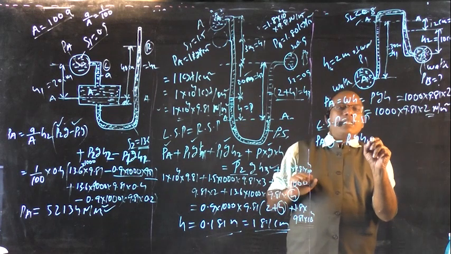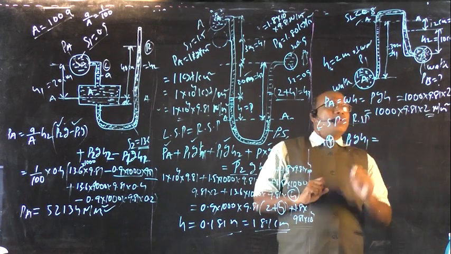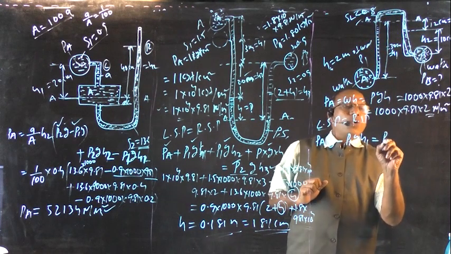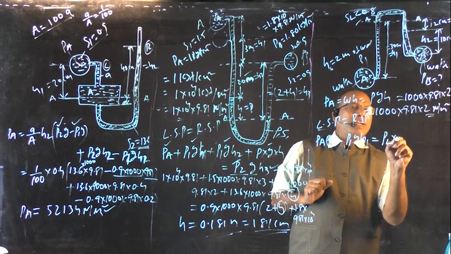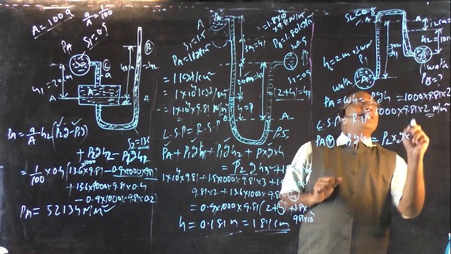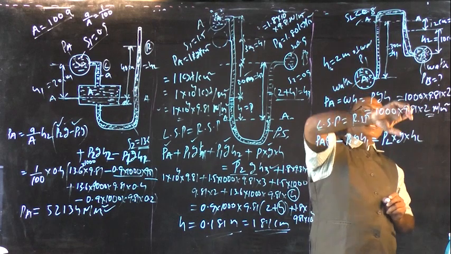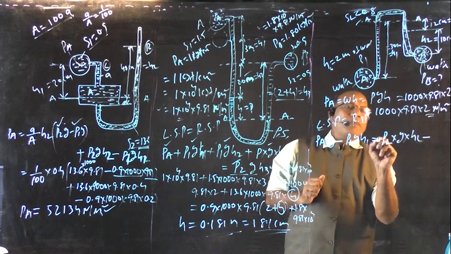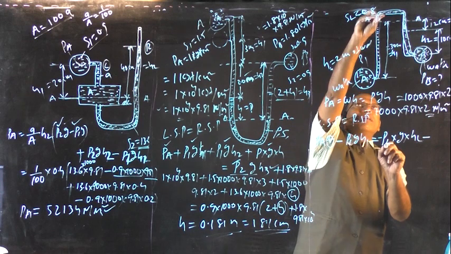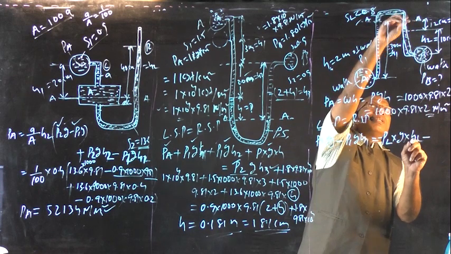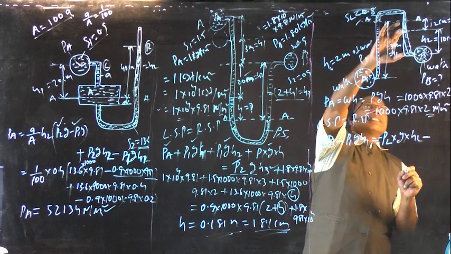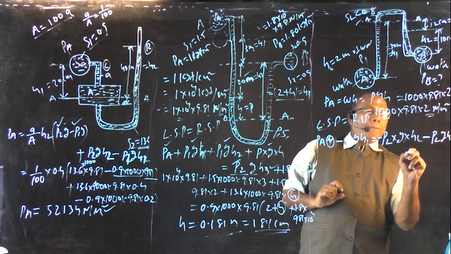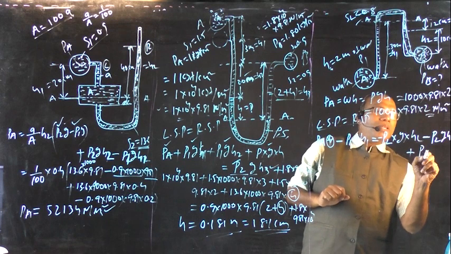These are the left side pressures. The right side pressures, below the datum line AA, are minus the density of the manometer liquid into g into its level, rho L g HL, minus rho 2 g H2, plus the pressure in pipe B, PB.